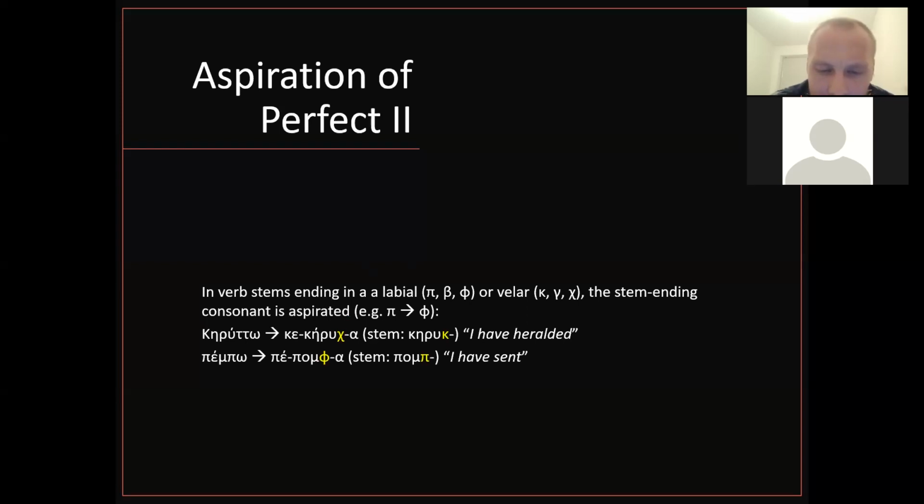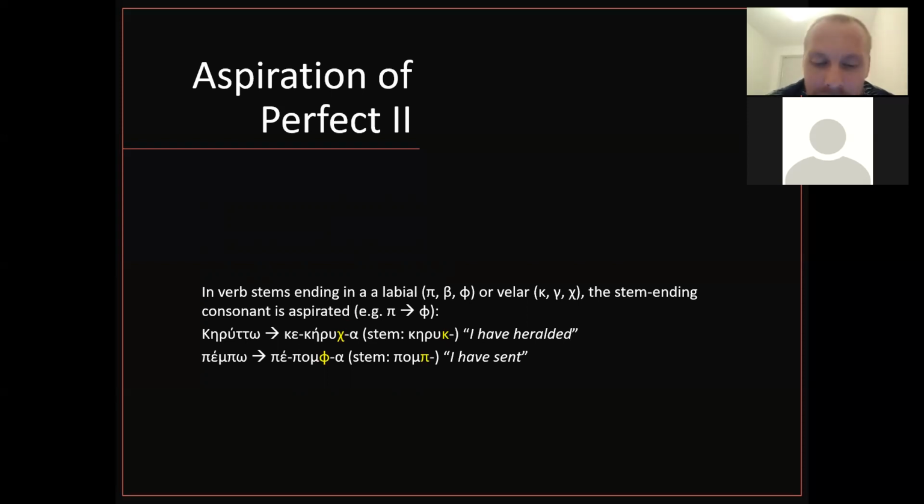To what has been said thus far, may still be added that in connection with some active perfect verbs of the Kappa Infix lacking perfect II type, if the verb root ends in a labial or velar consonant, the stem ending consonant is normally also aspirated.